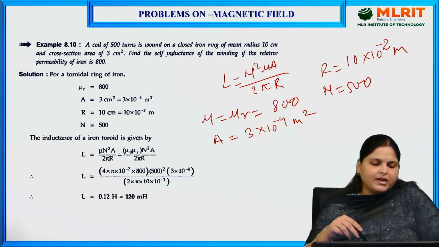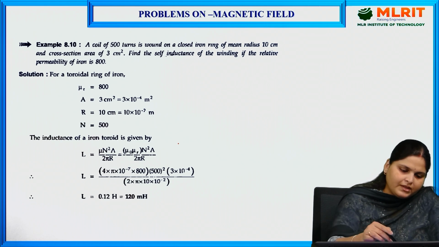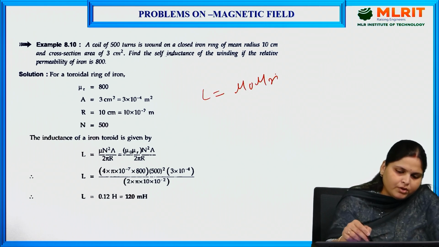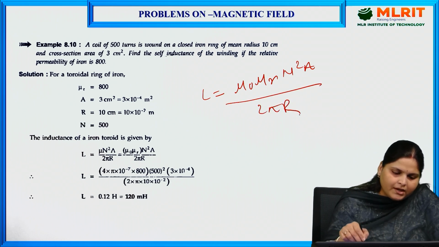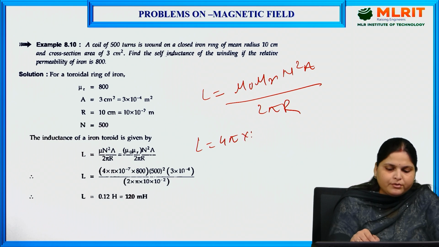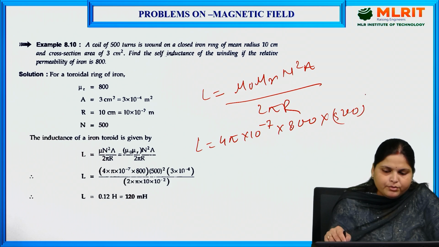Now on putting all these parameters into this formula, we will get L is equal to mu naught mu r n square A by 2 pi r. So mu naught is equal to 4 pi into 10 to the power minus 7 and mu r is 800. N square is 500 into 500.